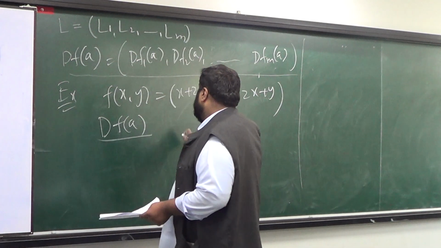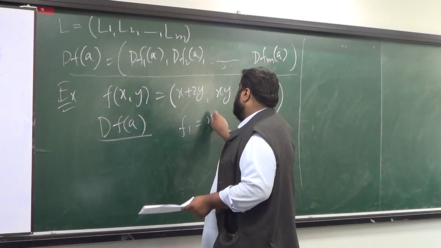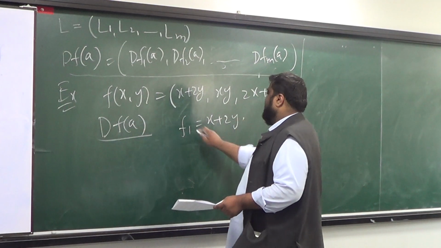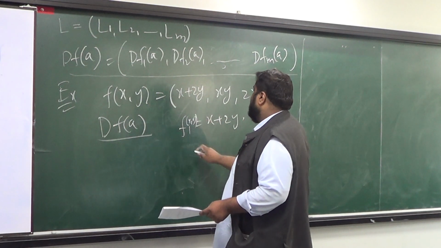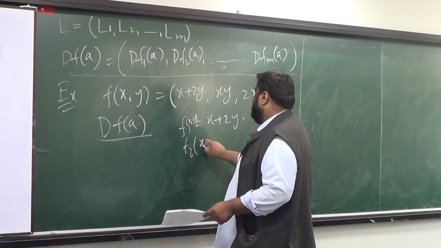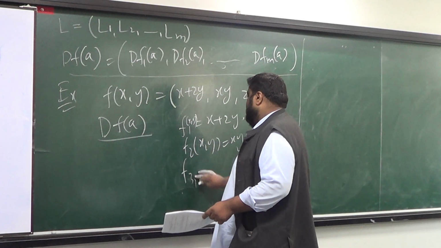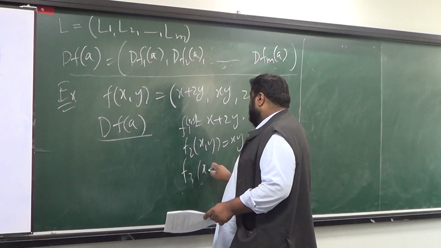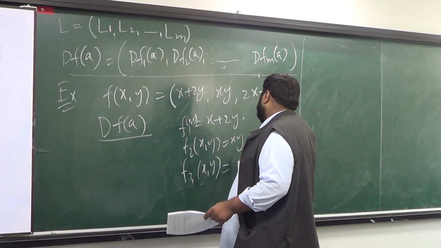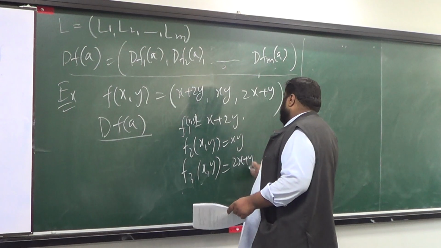I know it has three functions: f1 is x plus 2y, f2 is xy, and f3 is 2x plus y.